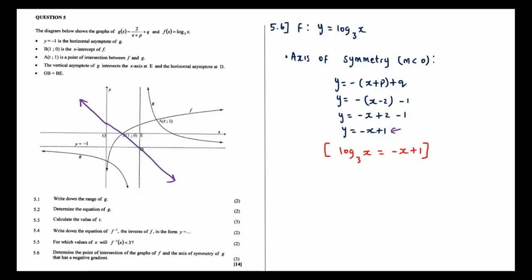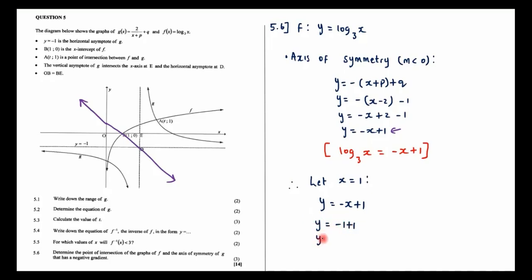How do I do that? I do that by saying let x equal 1. Why am I saying x equals 1? I'm taking the x coordinate of that point, which is B. If I take this coordinate and substitute it in this equation and it gives me 0, it means B is also on that line of symmetry. So here I have minus 1 plus 1.